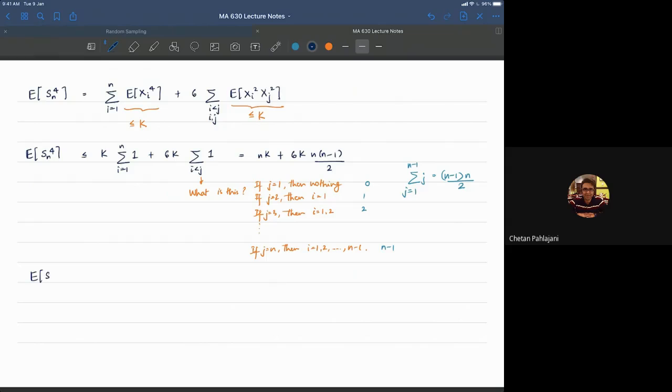So E of Sn to the 4 is going to be less than or equal to nk plus 3 times n minus 1 times k. All right. Now what I can do is the following.